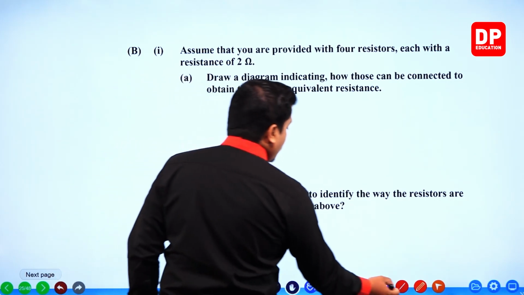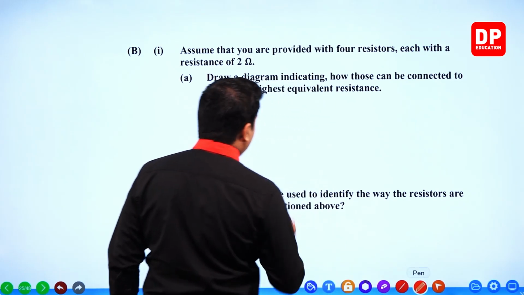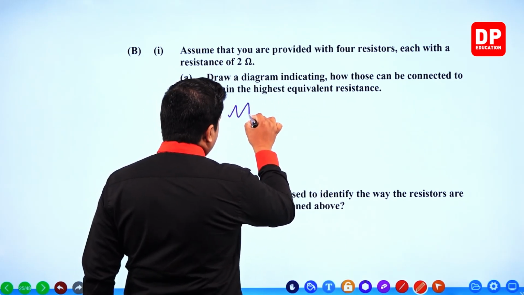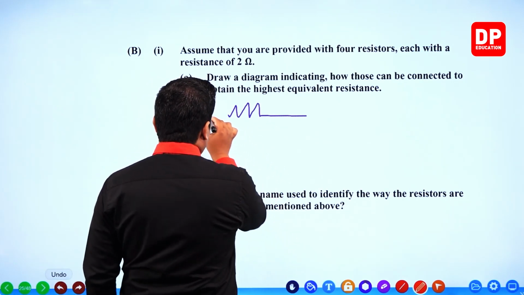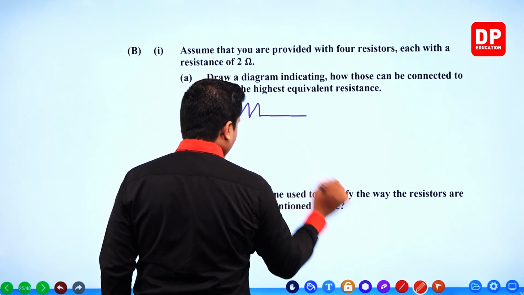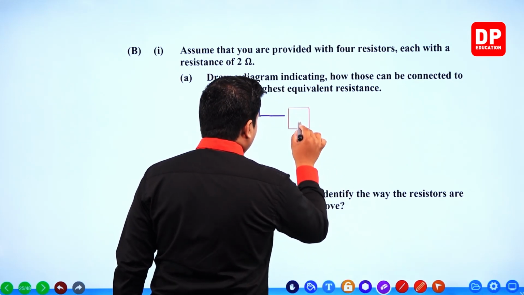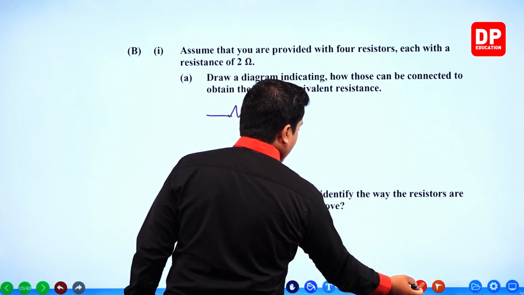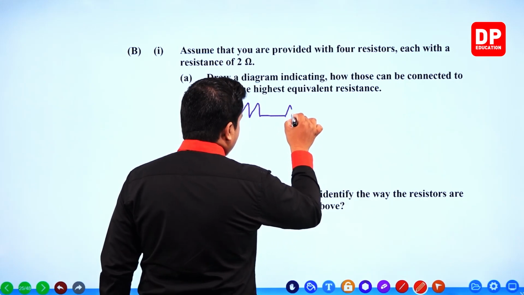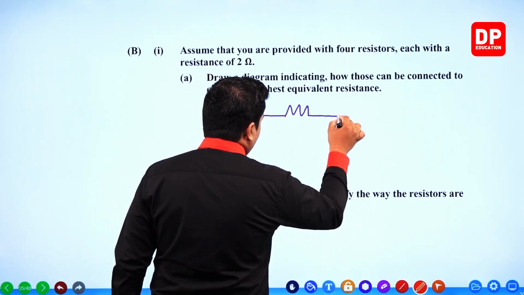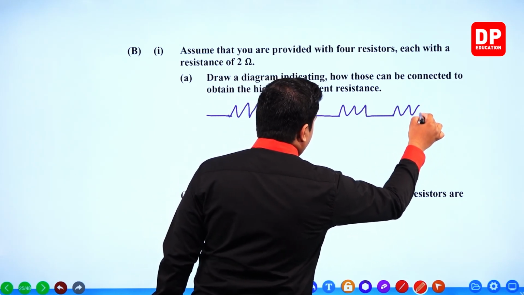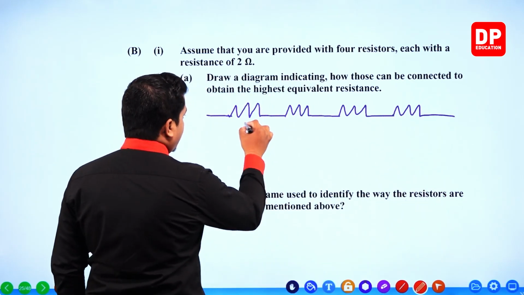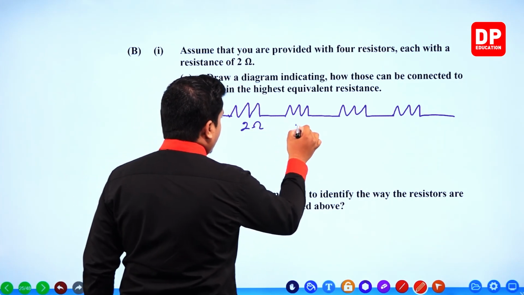So you know that this is the usual symbol for a resistor. So 1, then connect the others, 2, 3, 4. Then all of these are 2 ohm each.